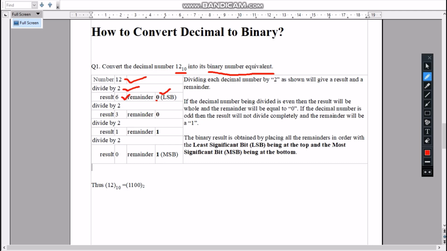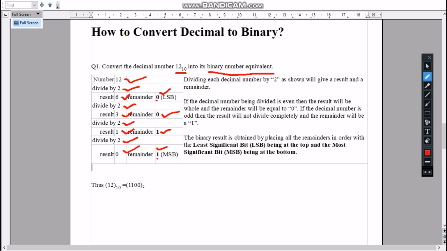Now we'll divide 6 by 2 and the result is 3 and the remainder is 0. Once again we'll divide 3 by 2, the result is 1 and the remainder is also 1. Once again we'll divide 1 by 2, the result is 0 and the remainder is 1.